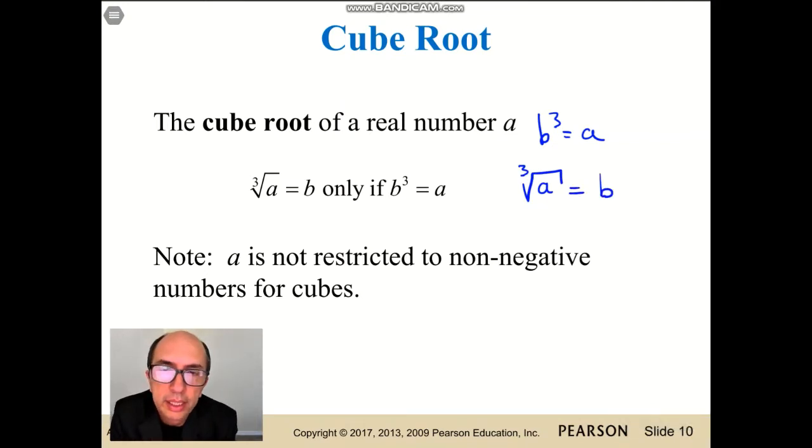And in this situation, for cube roots, when the index is an odd number, like the cube root here, there is no restriction. The a can be a negative number, and you can find the cube root of negative numbers.